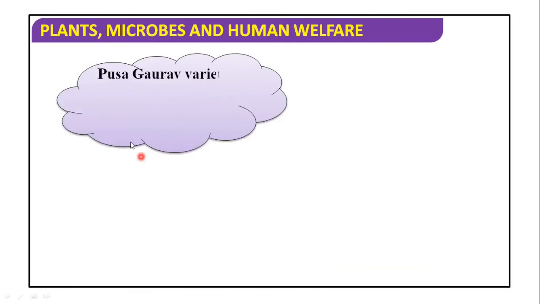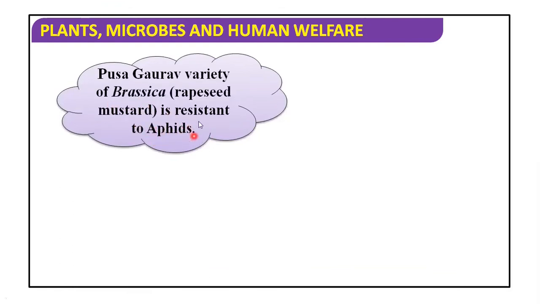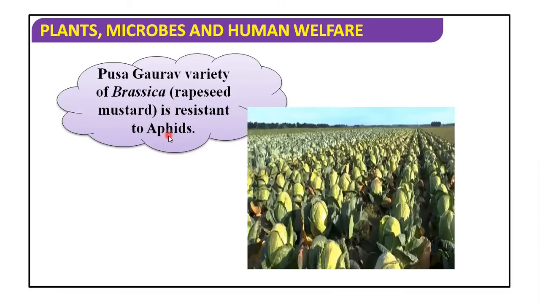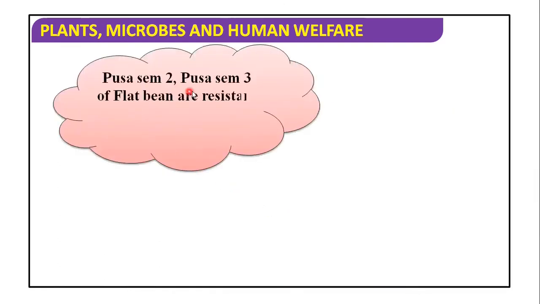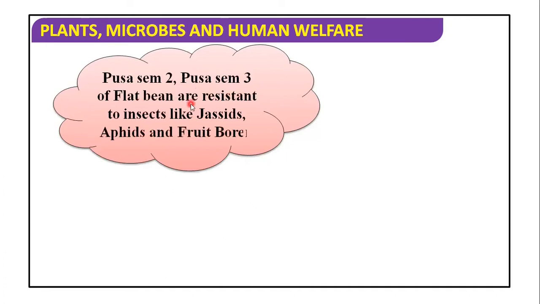Now, see, Pusa Gaurav variety of Brassica is resistant to aphid. Now this plant is resistant against this insect aphid. See in this picture it's shown. Now Pusa Sem 2, Pusa Sem 3 of flat bean are resistant to insects like jassid, aphid and fruit borer.